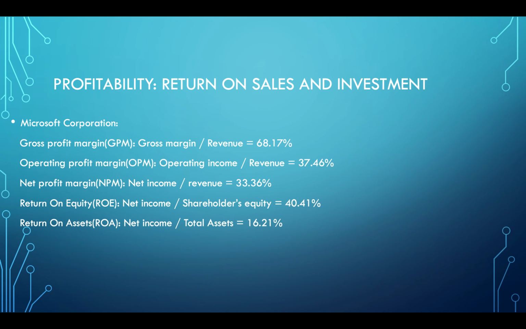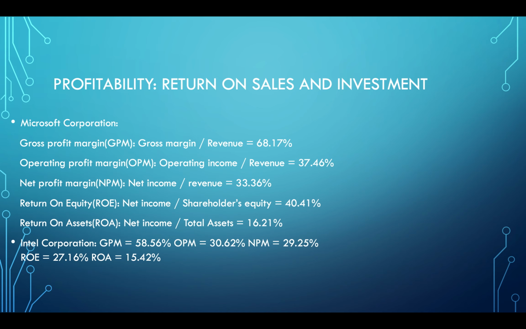And I have listed these five results for both Microsoft and Intel. You can see that all of these five results for Microsoft are larger than Intel's. So we can see that Microsoft makes more money, and is using its resources effectively.